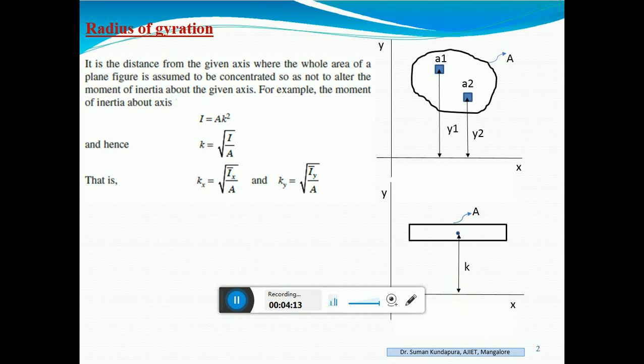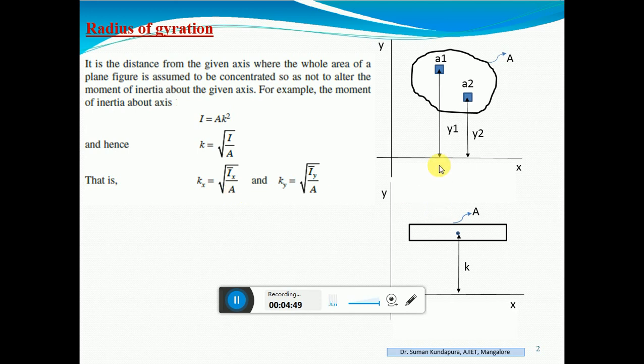Again, if I multiply by this distance k, then it becomes the second moment of area. So it is A k squared, which is nothing but Ix bar. I bring it down here: Ix bar divided by A equals k squared, and the square root I have brought to the right hand side. So I get this equation for the radius of gyration as kx equals the square root of Ix bar divided by A.